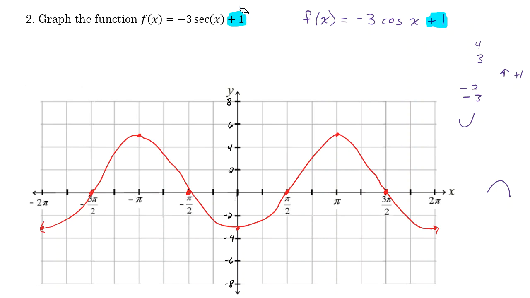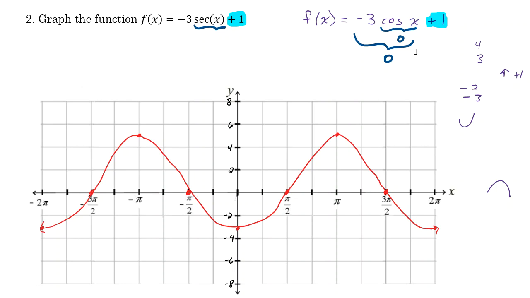This function is going to be undefined when the secant is undefined, and that's going to be undefined when the cosine is 0. Now, certainly if the cosine is 0, multiplying it by -3 will also be 0. Once I add 1 to it, it's not going to be 0 anymore.